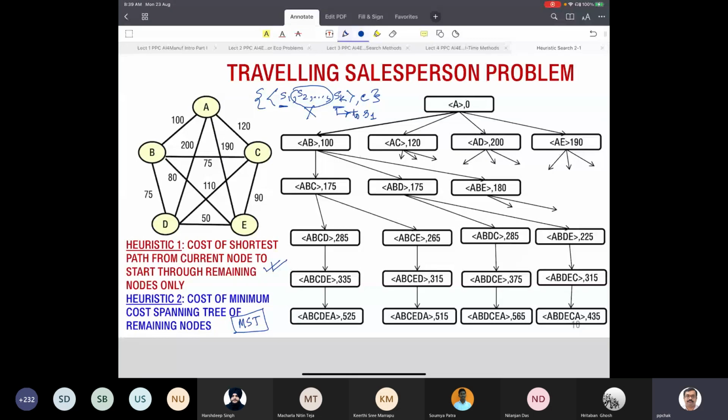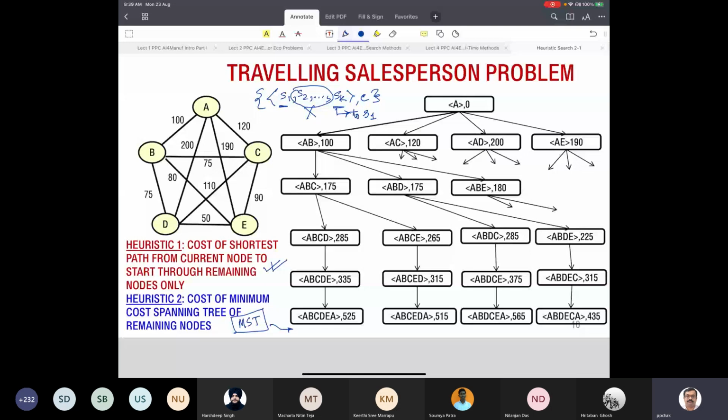How many of you do not know what is the minimum cost spanning tree? Sir, I don't know. So all of you who don't know what is the minimum cost spanning tree, please read this up. It will take a little bit of time for me to explain.